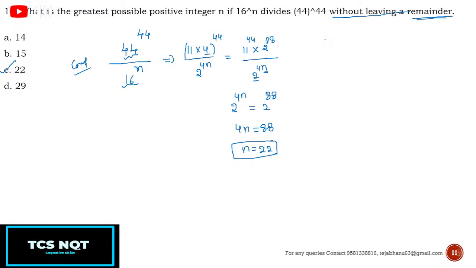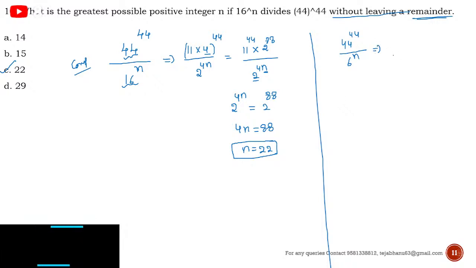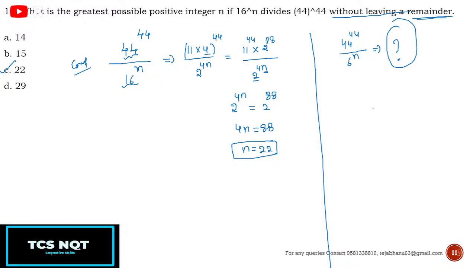Now, actually I had come across a similar question. 44 power 44 by 6 power n. Try to solve this and tell me the answer. Is it possible or not?